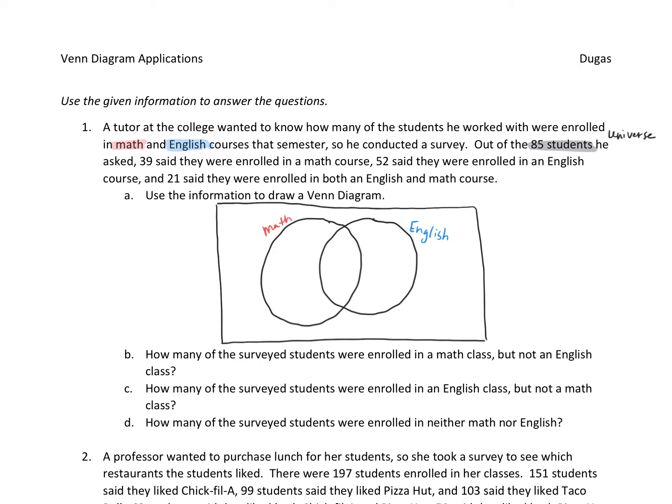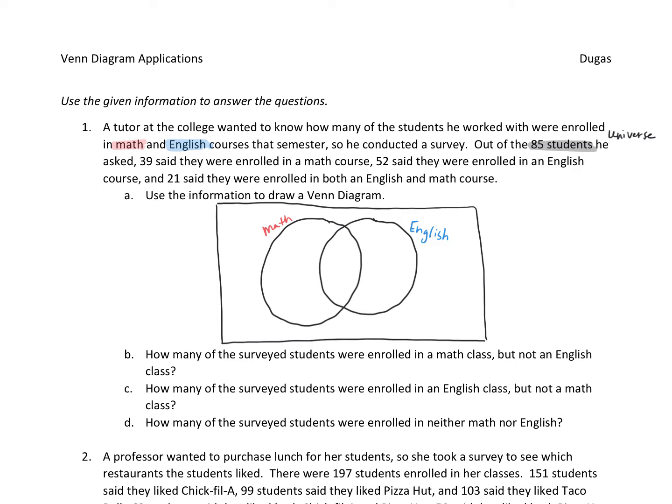Notice there are two parts of the math circle. Part of that circle is only math. It will be the students who are only in a math class. This part of the circle are the students that are only enrolled in math, not English. Notice it's not in the English circle.